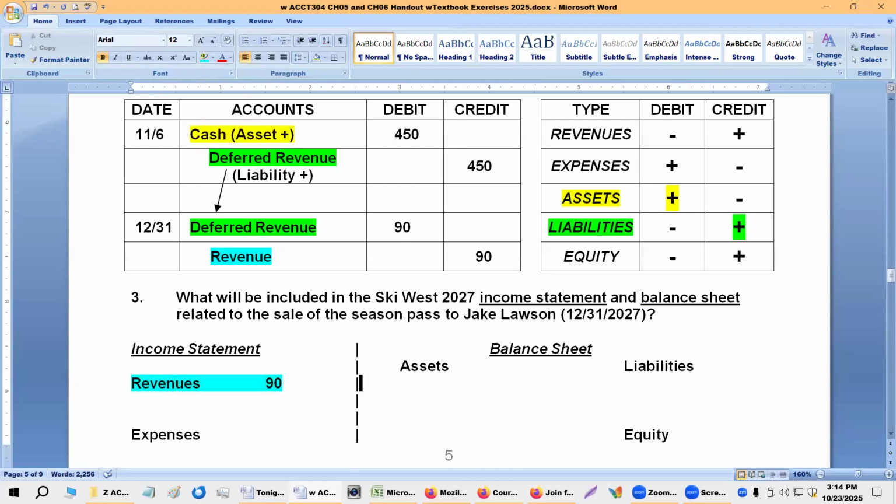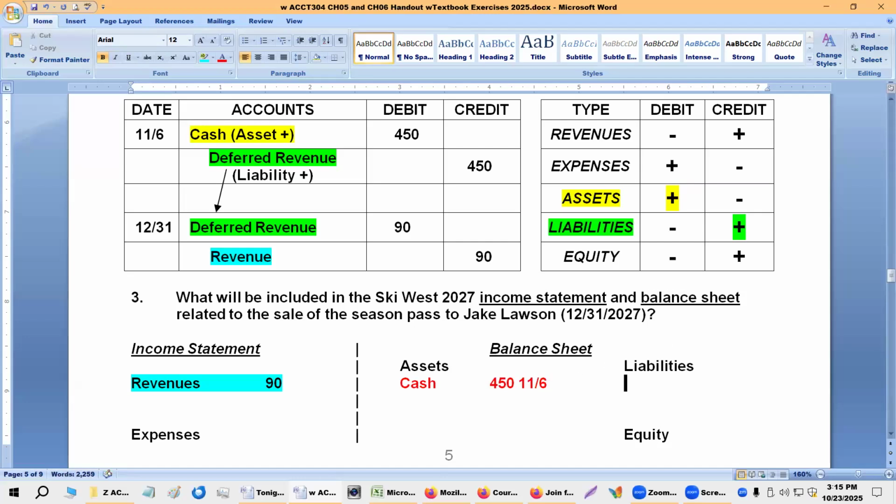As far as assets are concerned, we did get the cash at some point. So I guess somewhere in the cash, whether it's still there or not, is the 450. I know it might be spent by now. But from the previous 11/6, that 450 will be in there.